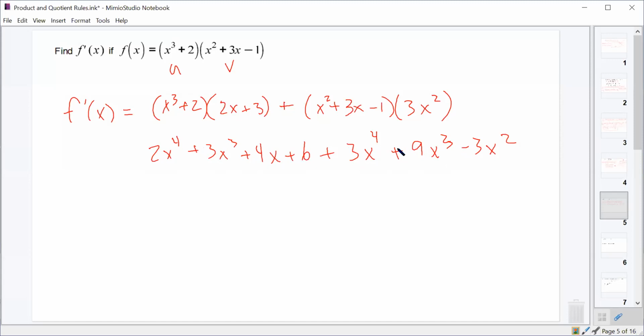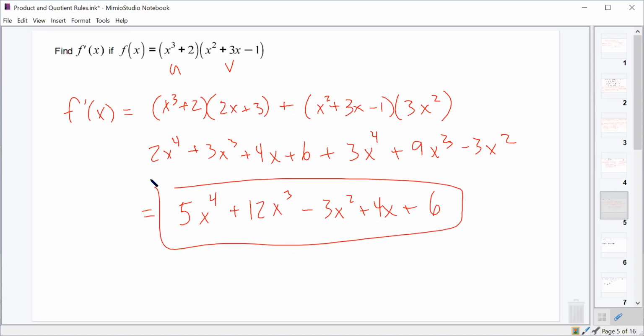So 5x to the fourth plus 12x cubed minus 3x squared plus 4x plus 6. Hopefully I did my distributing right. I did? Oh, good. All right, perfect. Any issues with that?